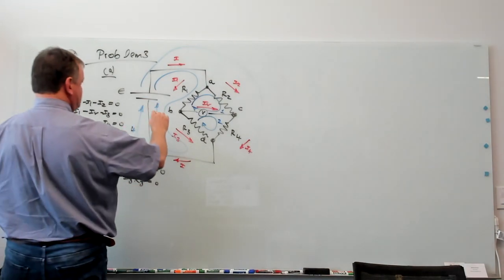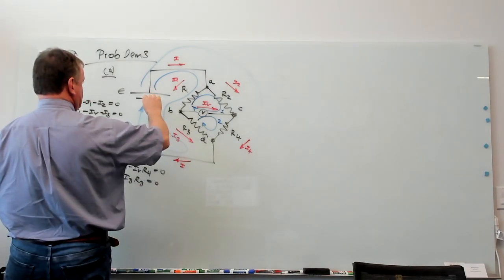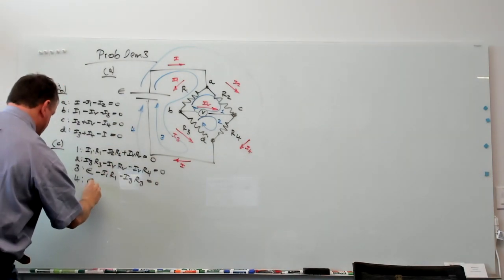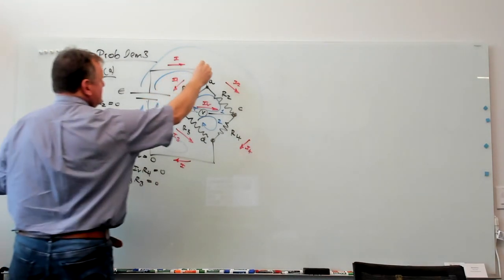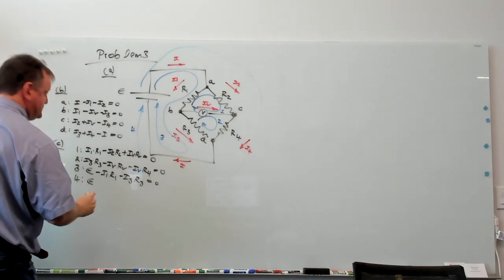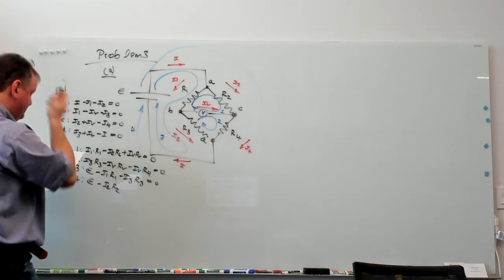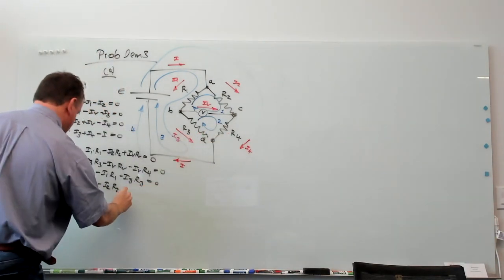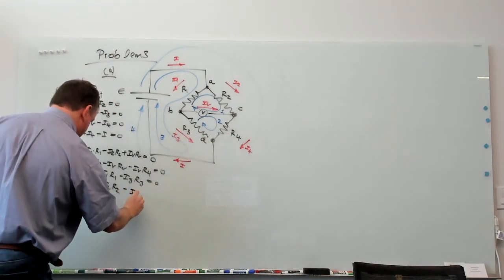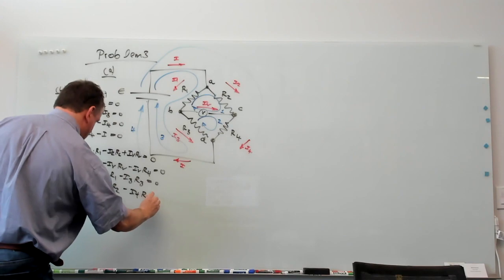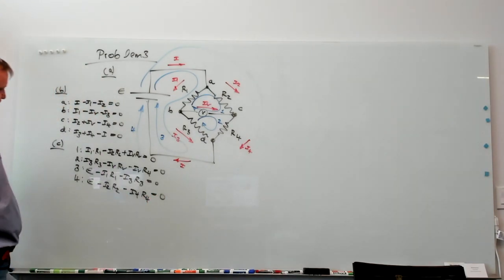And last but not least, the outer loop from the lower to the higher potential, so this is plus epsilon. Then minus I2 R2, and then same direction minus I4 R4 equals 0.